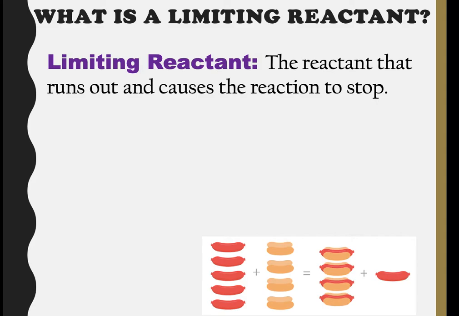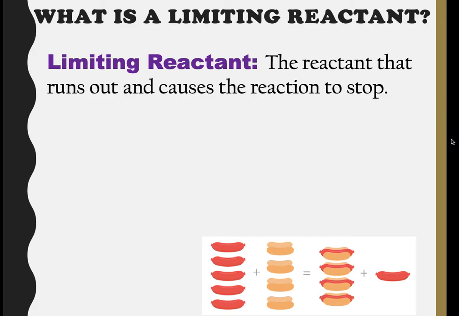Because it is, for all intents and purposes, impossible to have the perfect ratio, the perfect amount of all reactants in order for them to combine so that you have nothing left over, because atoms are really small, right? In a speck of dust, there are billions upon billions of atoms. It's just not possible to have the right amount.